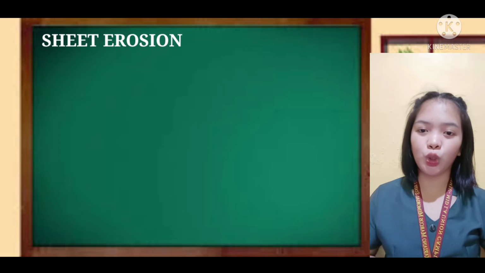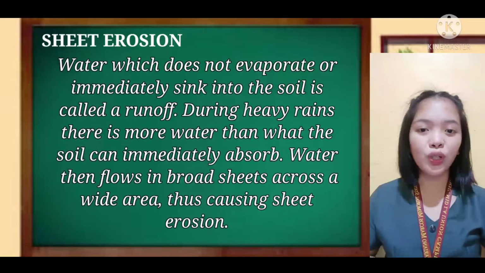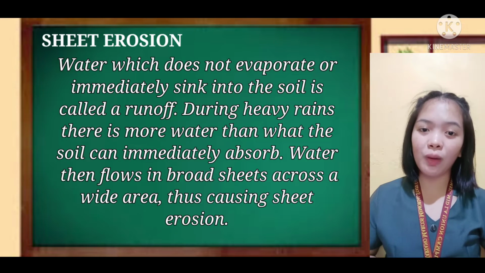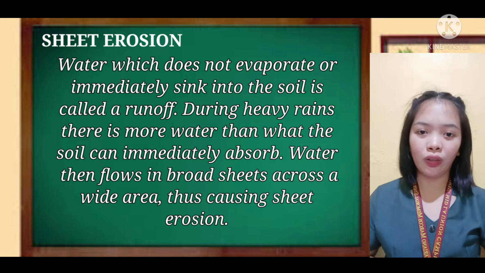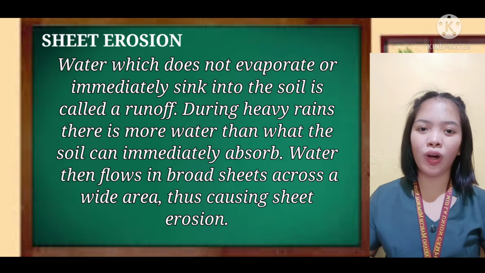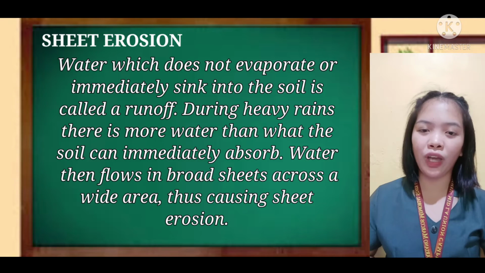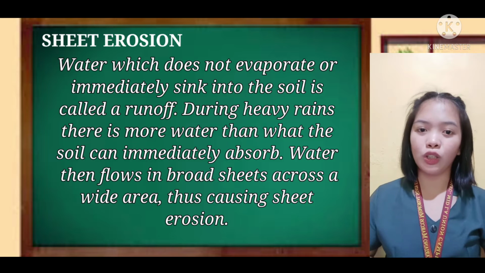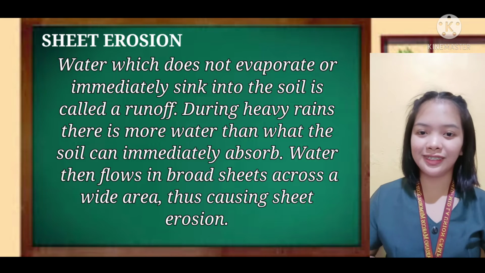The sheet erosion. Water which does not evaporate or immediately sink into the soil is called runoff. During heavy rains, there is more water than what the soil can immediately absorb. Water then flows in broad sheets across a wide area, thus causing sheet erosion.